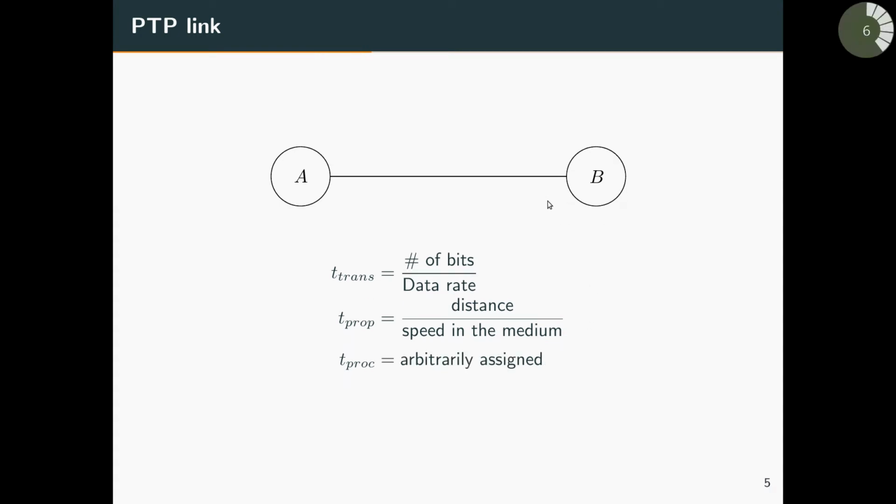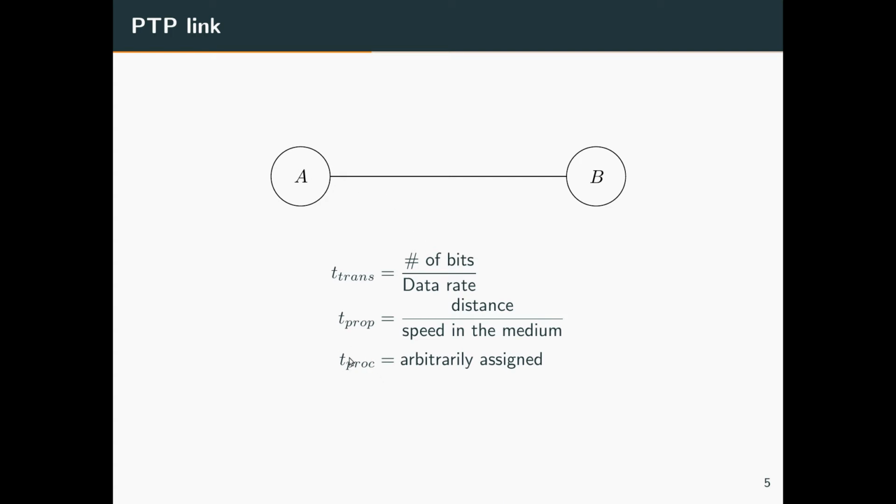And then, of course, perhaps A or B might do some operation, or perhaps they're compromised and take time. So the time that we assign is essentially arbitrary. We can complicate this arbitrary assignment however we please, but at the end of the day, the assignment of time to processing at each node is completely arbitrary.